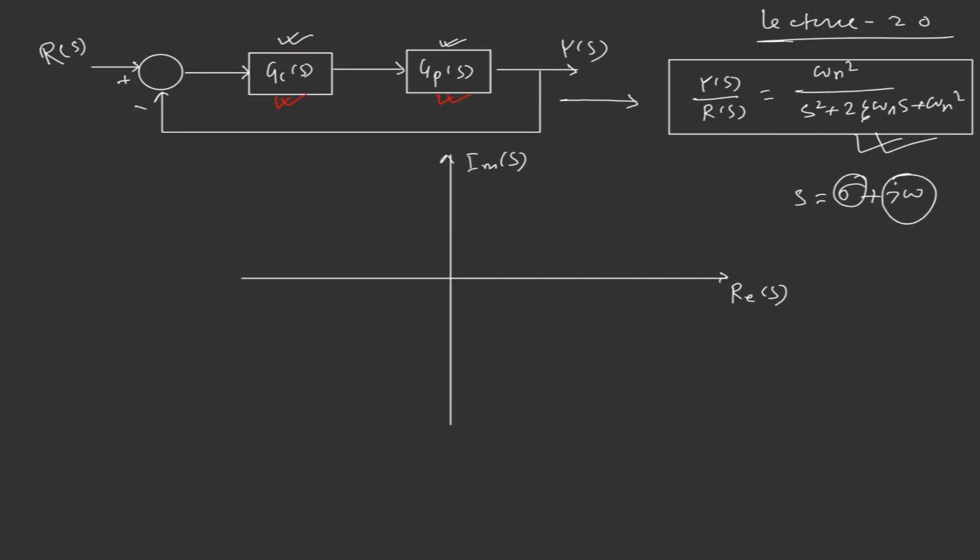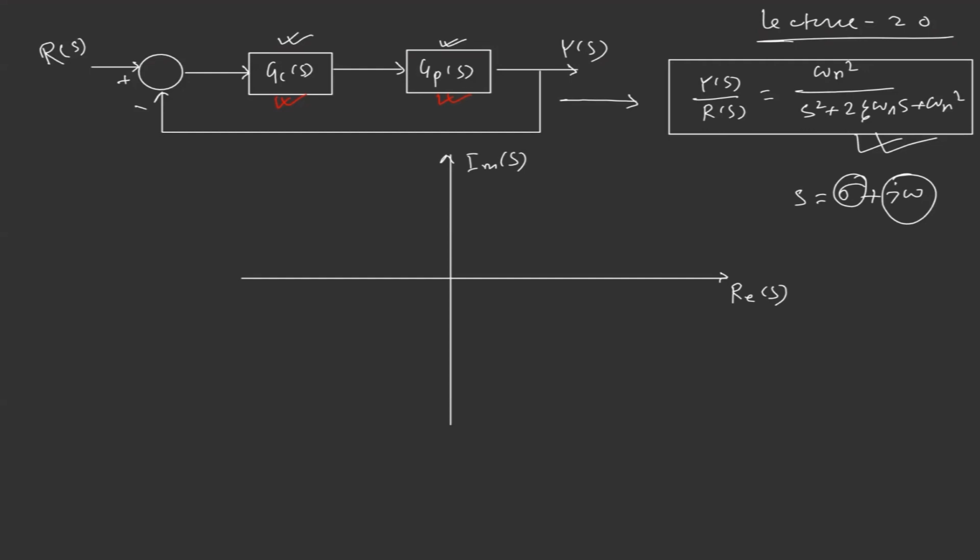Now, regarding the location of the poles, if the poles of the system lie on the right hand side, the system is assumed to be unstable. If all poles lie on the left hand plane, then we can say the system is stable.